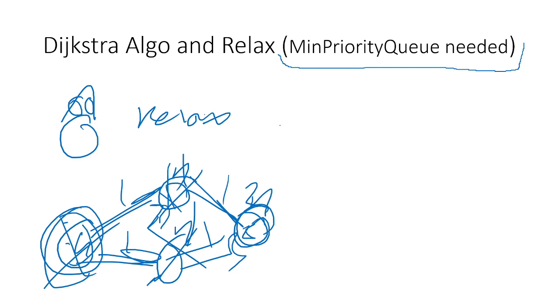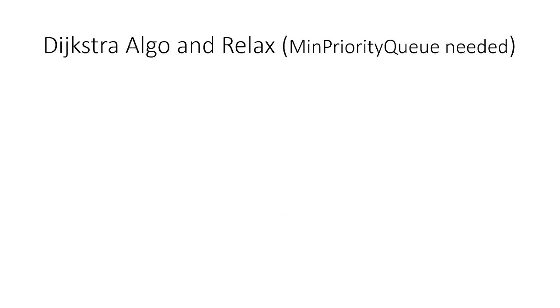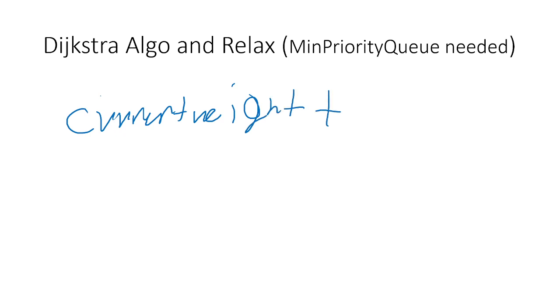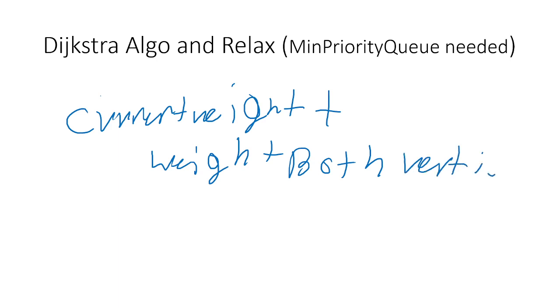Now, the relaxing method, simple math. So the math revolving around the relax method is that the current weight that you're working on, plus the weight of both of these vertices, is less than the weight of the second vertex.